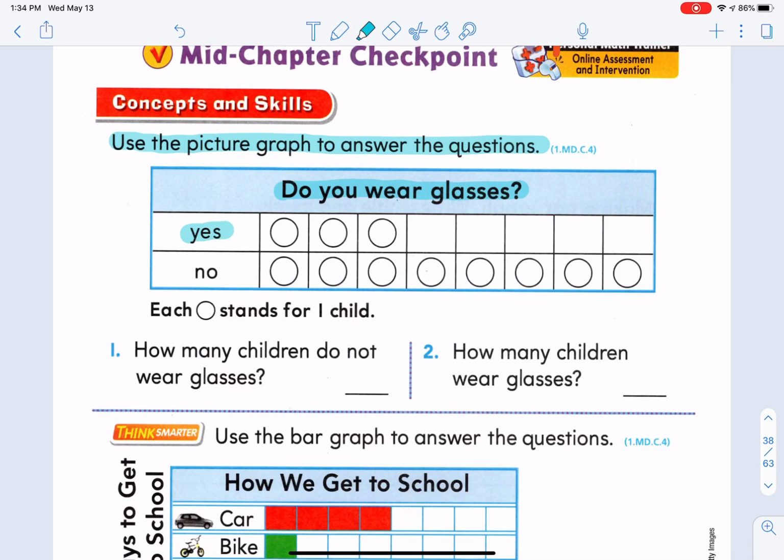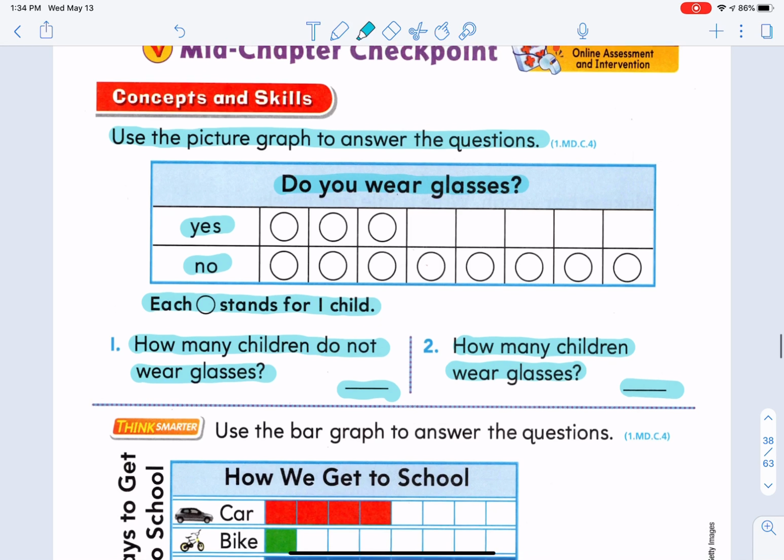So here are the number of children that said yes. Here are the number that says no, and it says each circle stands for 1 child. How many children do not wear glasses? Put your answer there. How many children wear glasses? Put your answer there. You can pause the video or come on back when you're done.